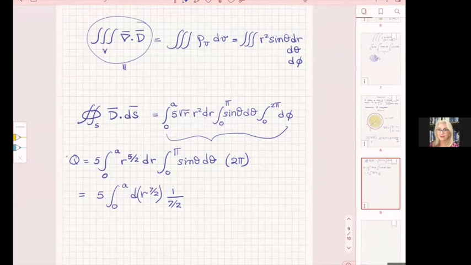And then we have 0 to pi, and then we have minus 1 d cosine theta. Just check me out to make sure that I'm doing correctly. So it's 10 divided by 7, r to the 7 over 2 from alpha to 0.